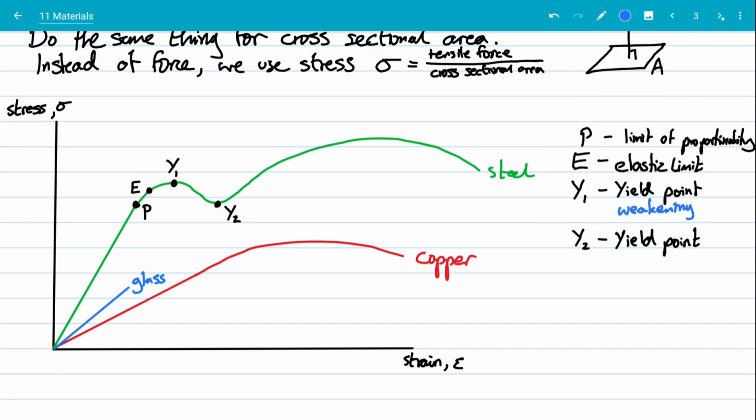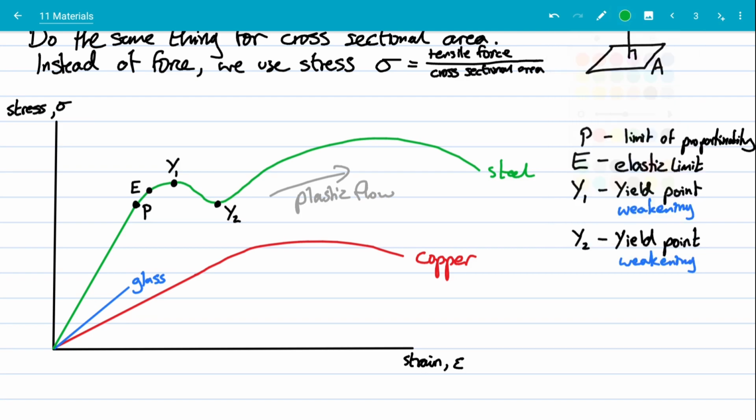And this is another weakening, but it's a different sort of weakening where we go into plastic flow. And then we end up with plastic flow. Let's make it a grey colour. In other words, the material essentially flows as it stretches, getting longer and longer and longer.